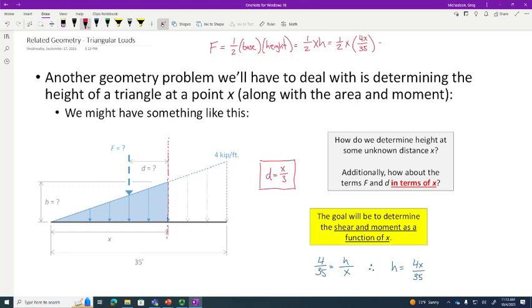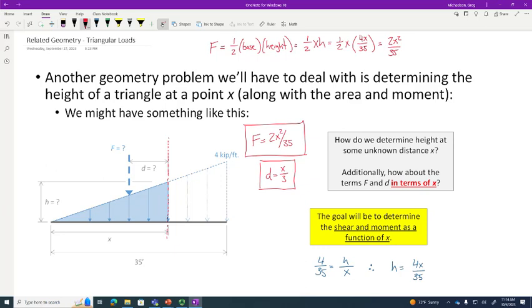So that's going to equal, what is that? 2x squared over 35. Did I get that right? So now I can write this as 2x squared over 35, and that's going to be my force, and that's going to be my moment arm. Does that make sense? Is that okay?